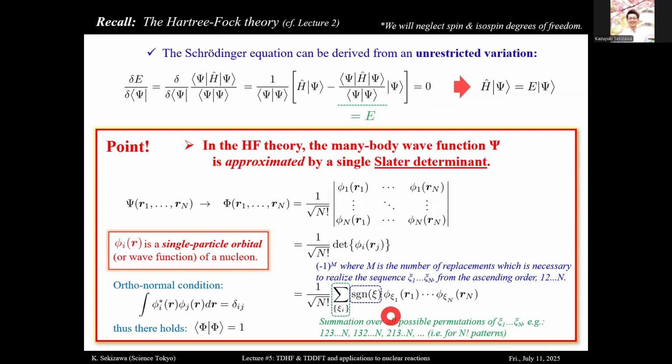And the last line shows the summation over any possible permutations, and this sgn provides the proper minus sign according to the number of permutations. So this is just a definition.